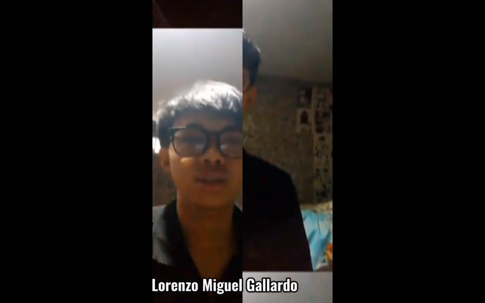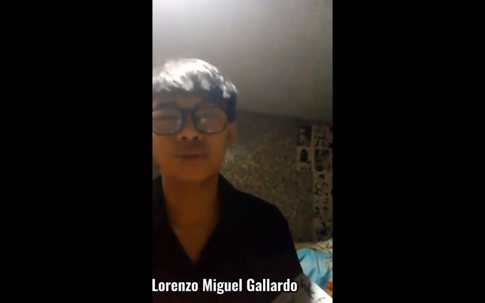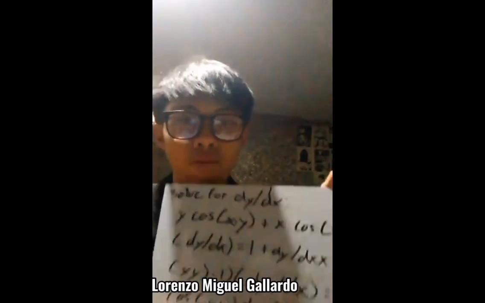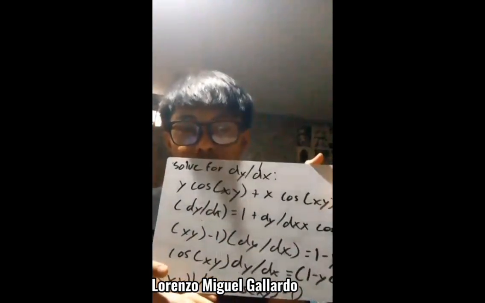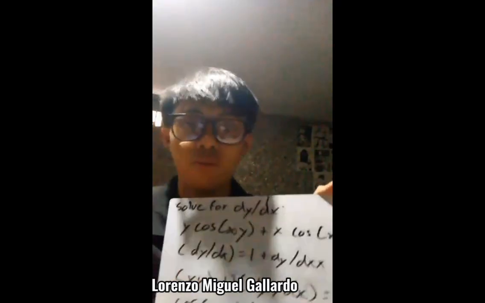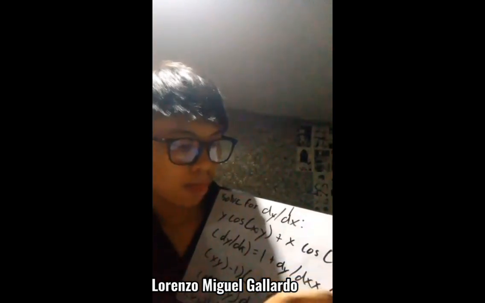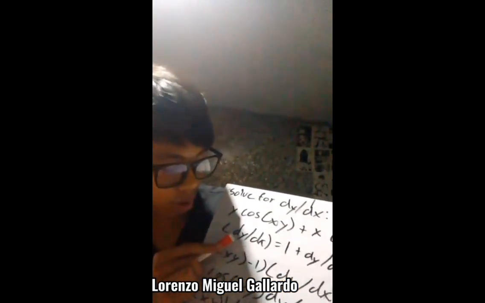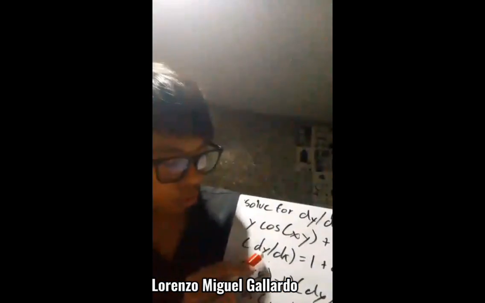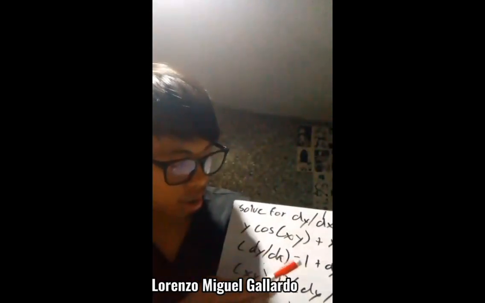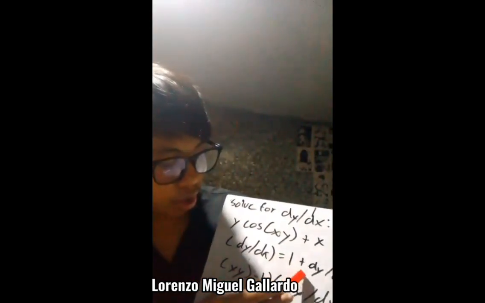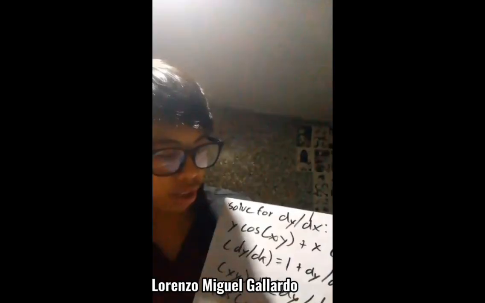And now for the next step we're going to solve for dy over dx. So y cosine of xy plus x cosine of xy times dy over dx is equal to 1 plus dy over dx.